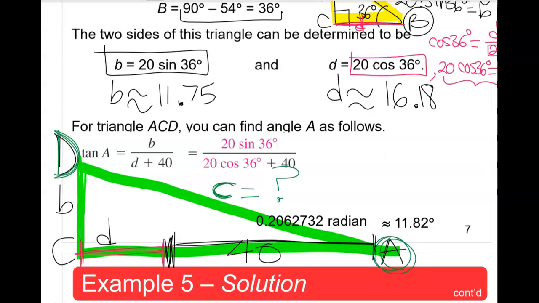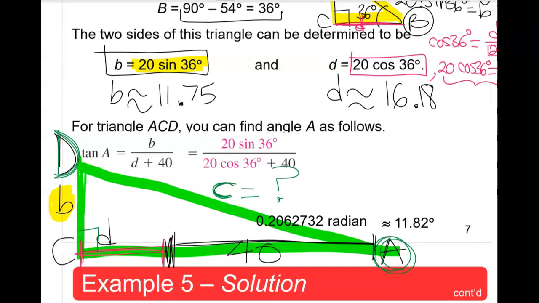So we're going to use this right triangle. And remember, we use the little triangle to find the value for B. However, instead of using the approximation, we are only going to use the trigonometric expression. So instead of B, we use 20 times sine of 36 because we don't want to start rounding too soon.